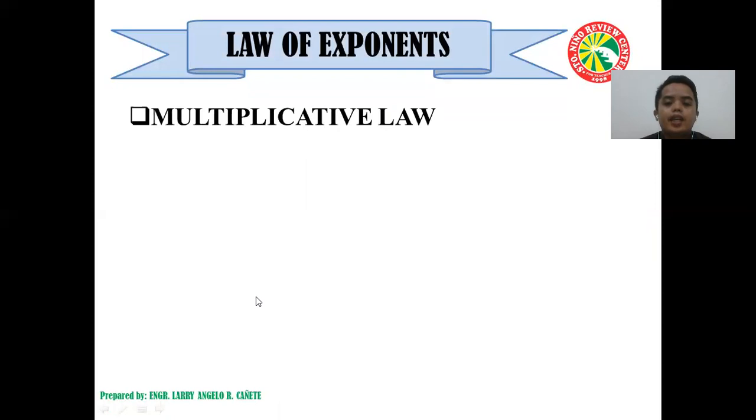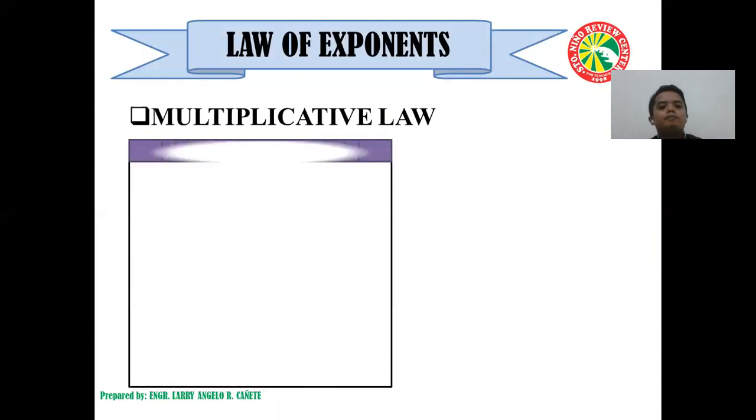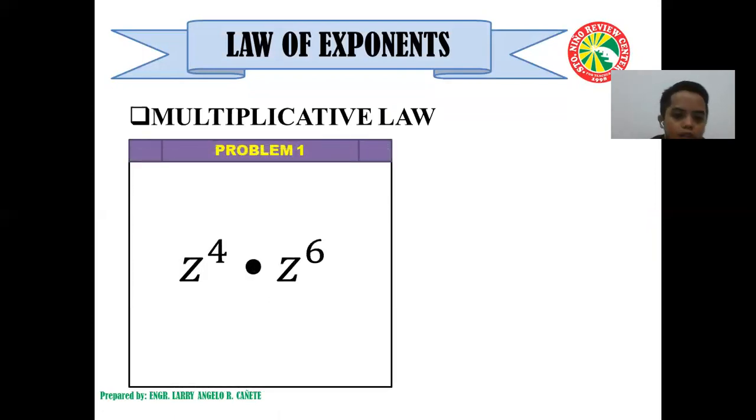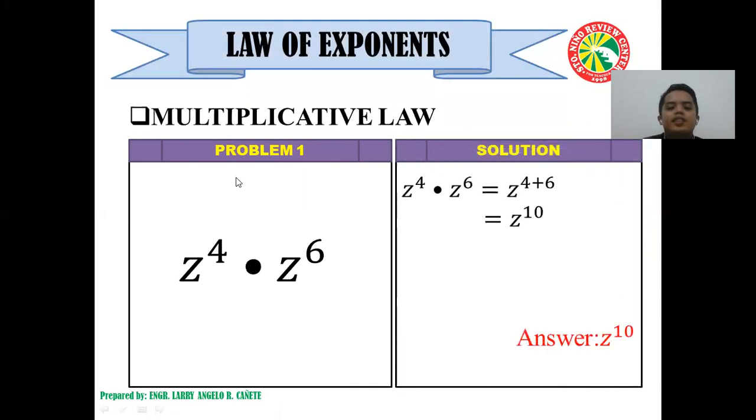For the multiplicative law, example: z raised to 4 times z raised to 6. First, you need to check. We have an answer already here, but we will discuss how I came up with z to the 10. First I check the base.